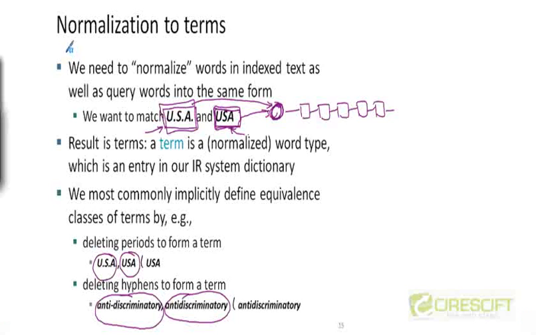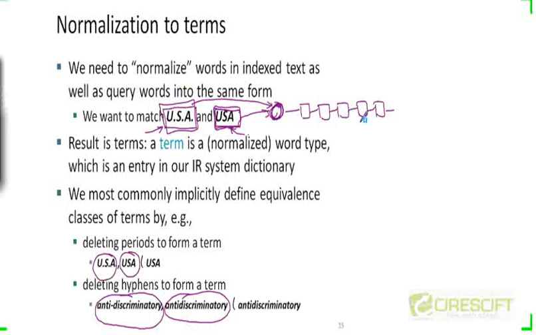In the linguistic pre-processing phase, we take the tokens that have been generated by the tokenizer and we normalize them into some canonical form. The reason for normalization is that if you look at a particular word, very often you may want to find documents which contain variants of that word.